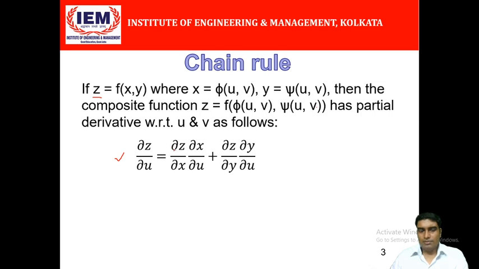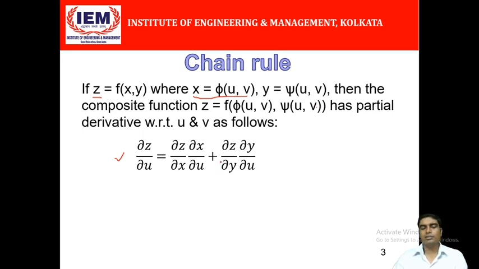So I'll first take the partial derivative of z with respect to x, then x with respect to u, because x is a function of u. So to get this term del x del u, I first find the partial derivative of z with respect to x. Similarly, I'll find the partial derivative of z with respect to y, then the partial derivative of y with respect to u.